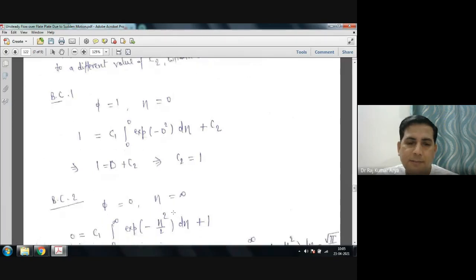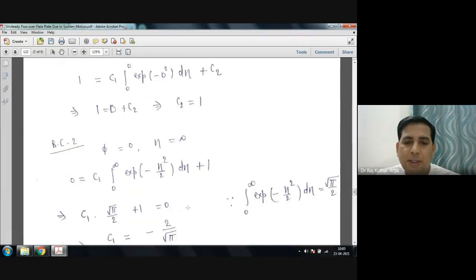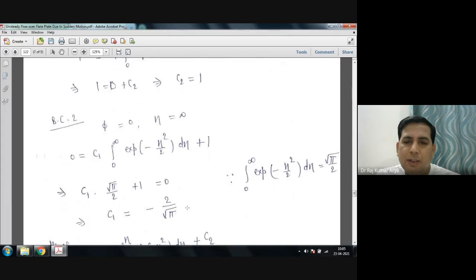Now you have another boundary condition that phi equal to 0 when eta tends to infinity. So if you do that, you will get 0 equal to 0 to infinity exponential minus eta square by 2 into d eta plus 1. This is something which we can do at last, not here.